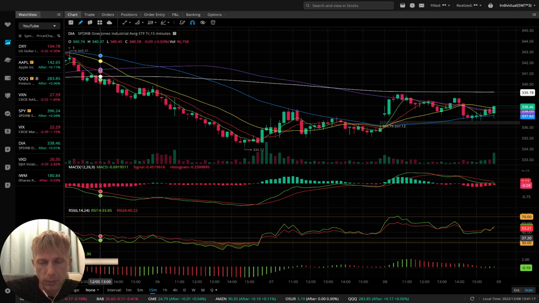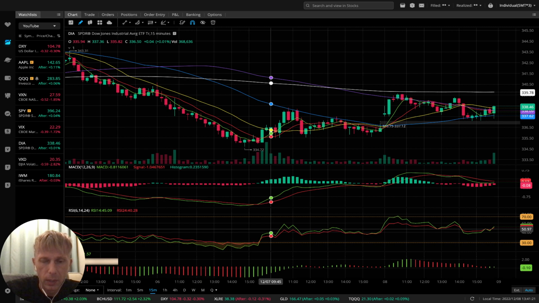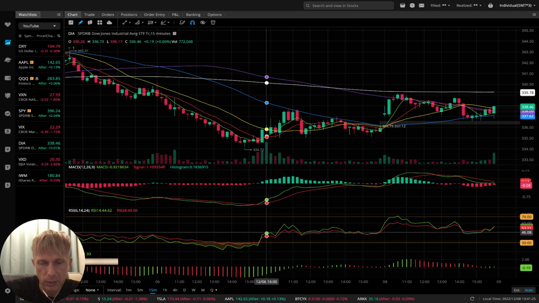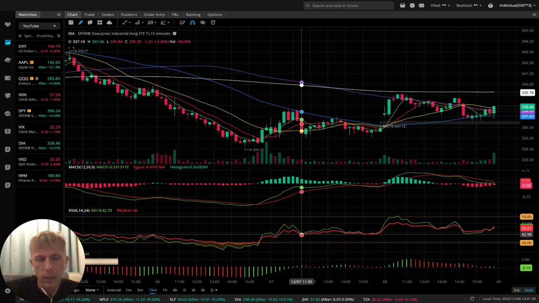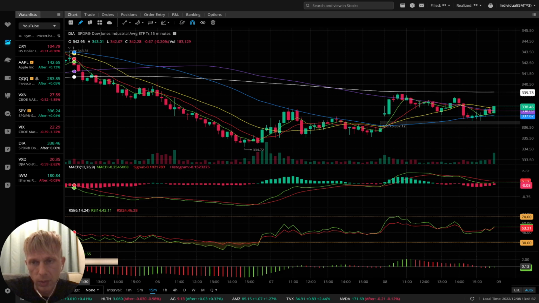It's the same as MACD, bullish crossover and bearish crossover. When the green line moves up over the signal line, it's a bullish crossover. When the green line moves down under the signal line, it's a bearish crossover. And also awesome oscillator is simple: green is a bullish state, red is a bearish state.